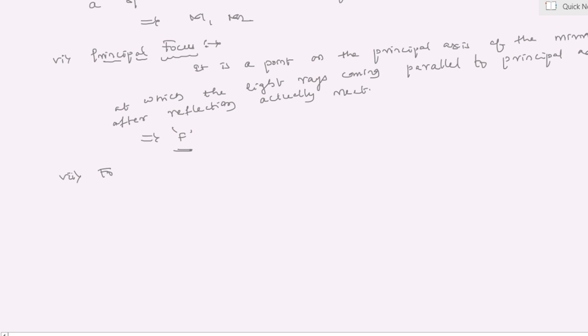And the last one, the seventh one, is focal length. Yes, my dear students, the distance between the pole of the mirror and the principal focus of a spherical mirror is called its focal length.